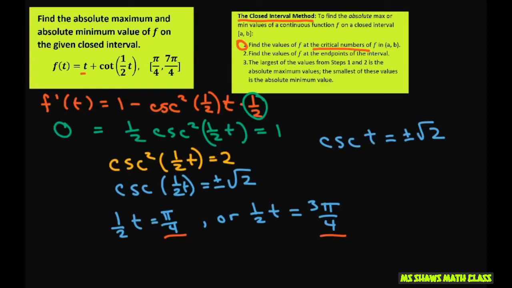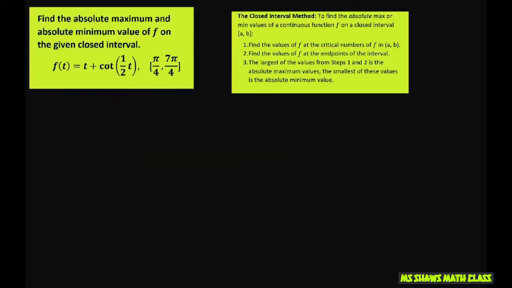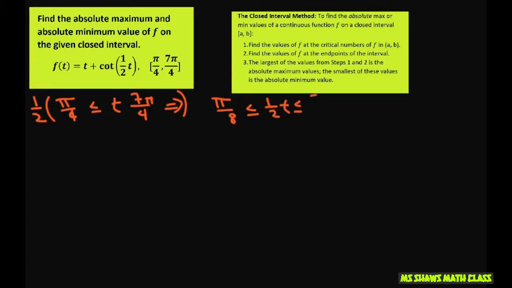All right, now, for information's sake, let's look at it this way. We want our closed interval to be between pi over 4 and 7 pi over 4. So when we have 1/2 t, if you multiply this whole thing through by 1/2, you're going to get pi divided by 8 is less than or equal to 1/2 t is less than or equal to 7 pi over 8.